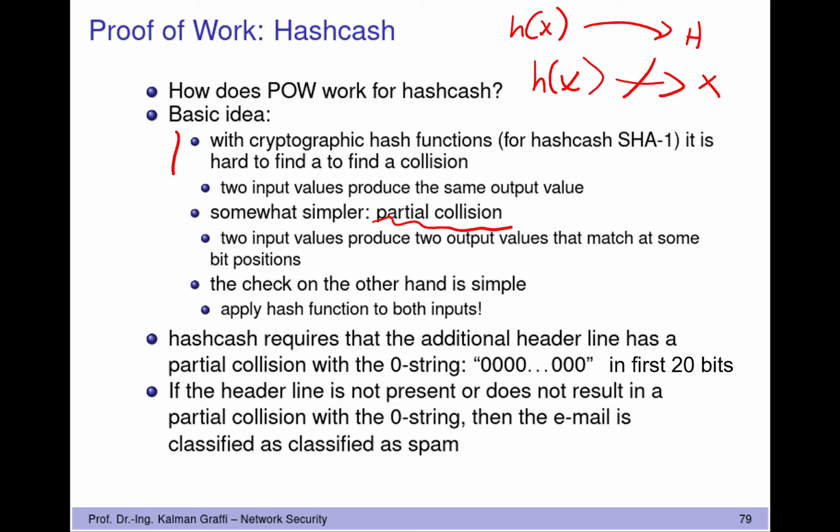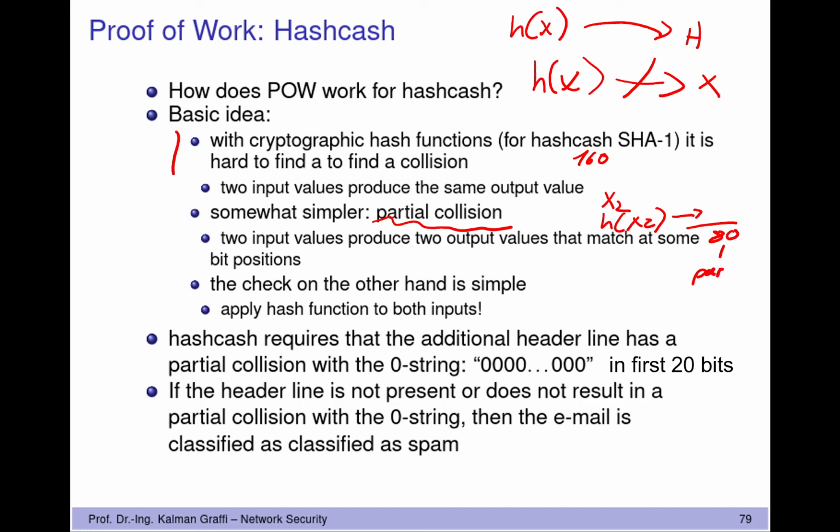Let's say the hash results in 160 bits. You don't want exactly 160 bits of overlap, but you would require x2 to be found so that x2 results in a hash where the first x bits overlap. Let's say the first 50 bits should overlap.